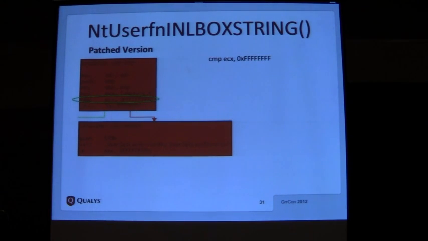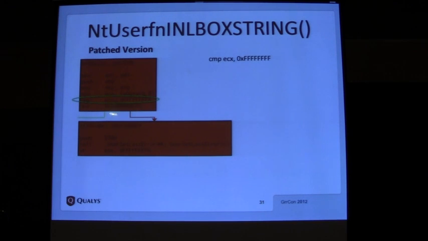We know that compare ECX, FFFFFFFF was added. If you see the instruction over here, mov ECX, [EBP+arg_0]: whatever is the first argument passed to this function was moved to ECX. ECX is then compared with this whole bunch of FFs, which is nothing but -1, the 2's complement of -1.